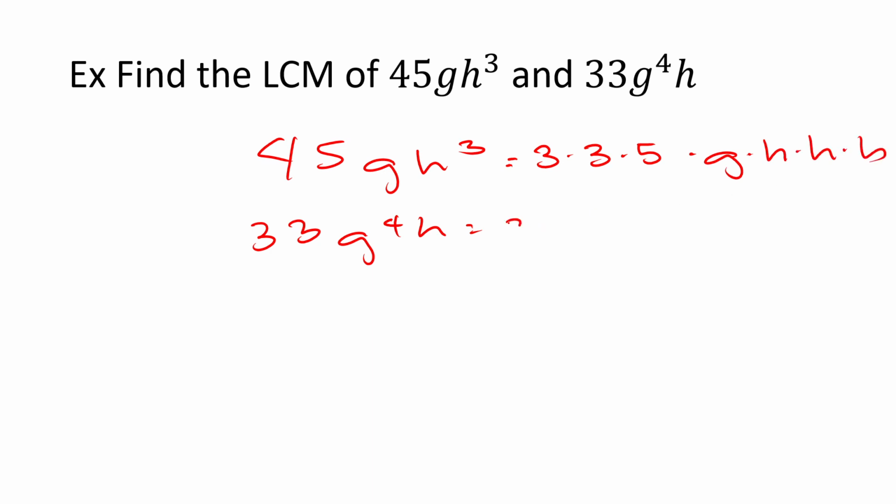And 33 g to the fourth h is 3 times 11 times g times g times g times g times h.